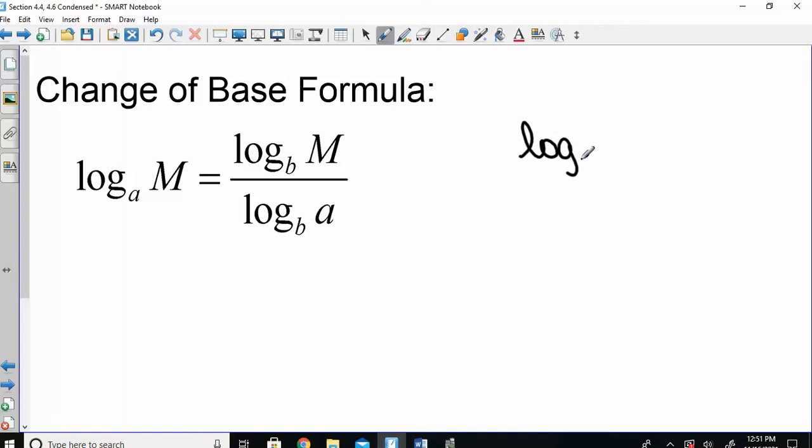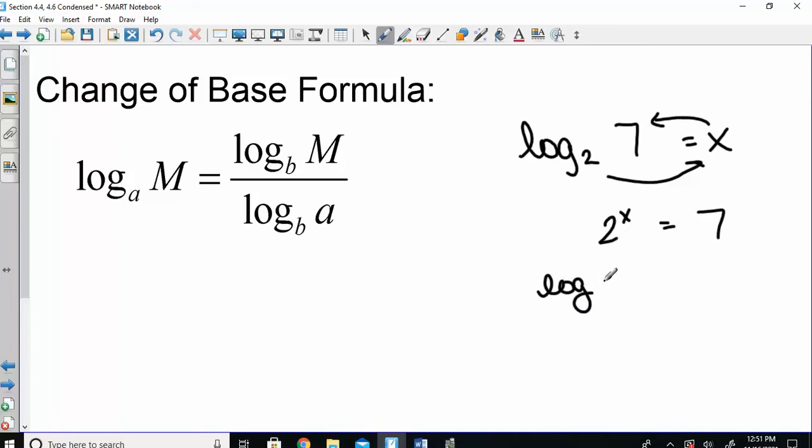For instance, if I asked you to find log base 2 of 7, do you know 2 to what power equals 7? No. So if we were trying to find that, we could set it equal to x. We could change it to exponential form. And then what would you have to do? Add a log. And we would choose to go with probably a log base 10 or a natural log because those are the buttons that we have access to on our calculator.